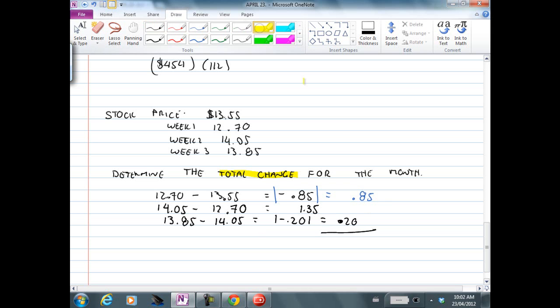So my total change, I'm going to take 0.85, 135, and 120, add them together. And that gives me my total dollar, my total penny fluctuation. And the total change for this month was a change of $2.40 in total. So it means it went up and down, a total of $2.40. This is why we need absolute values. And this is what your work will be based on.